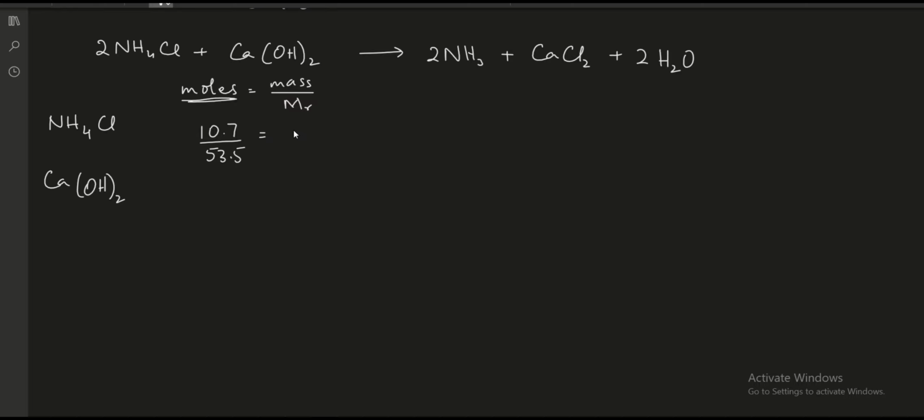It will be 0.20 moles. For calcium hydroxide it is 14.8 divided by its MR, which is 74. The answer would be again 0.20 moles. In the next step we have to find out what is the coefficient.